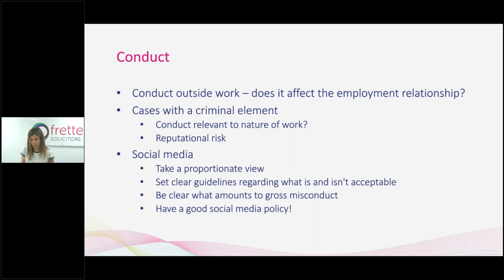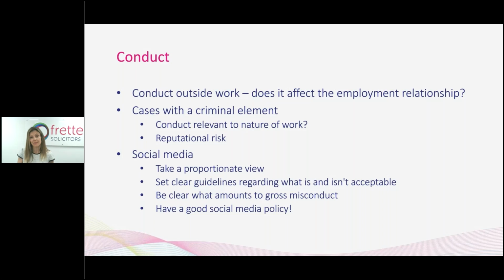I'll give an example from a reported case involving Kerry Foods. So an employee was dismissed fairly for fighting off-site with a colleague. There'd been a long-running dispute between them about a girlfriend. The fight took place in a car park across the road to the workplace. However, the employee's conduct clearly affected working relationships, as the other employee didn't feel safe to attend work any longer.